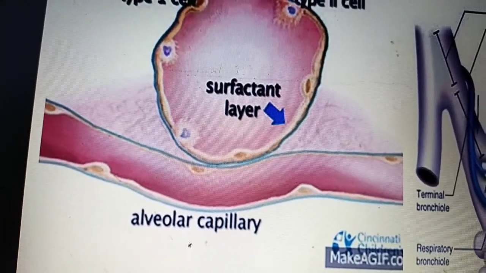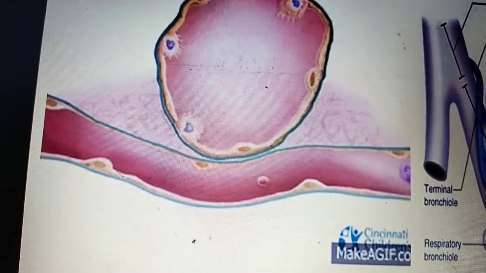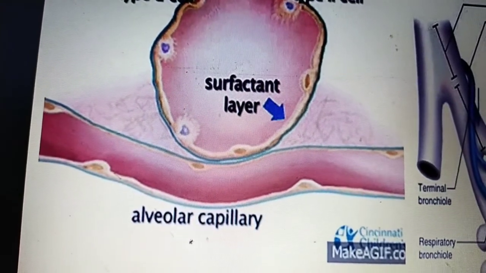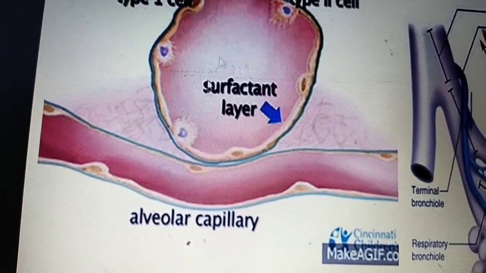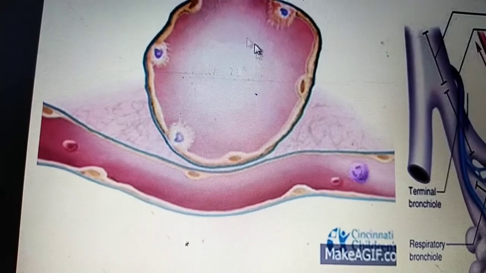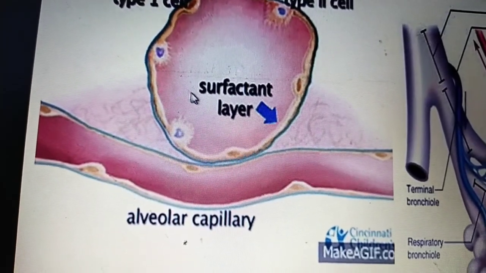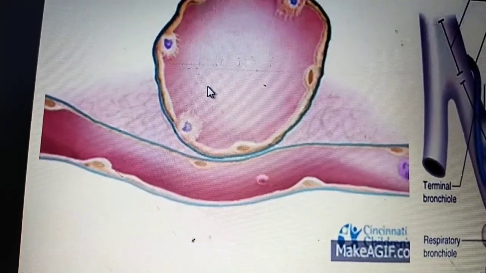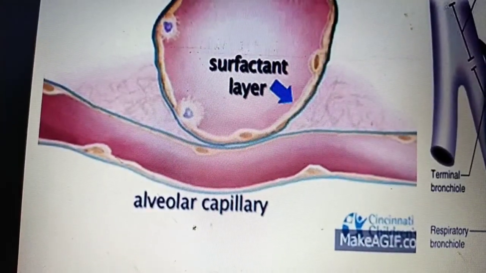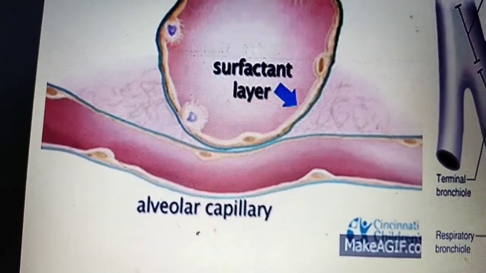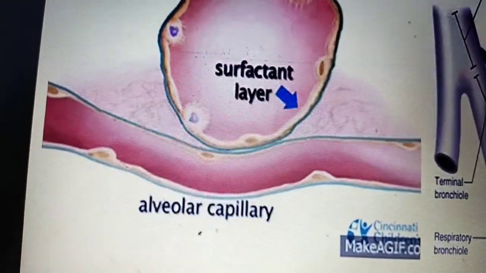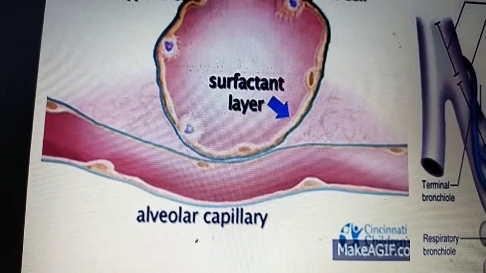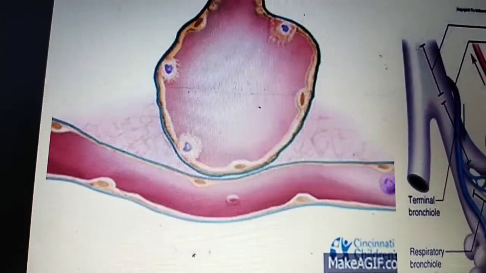This is a very important layer present in the alveoli, because the expanding, collapsing, stretching and spring back mechanism of the alveoli depends on this surfactant layer.